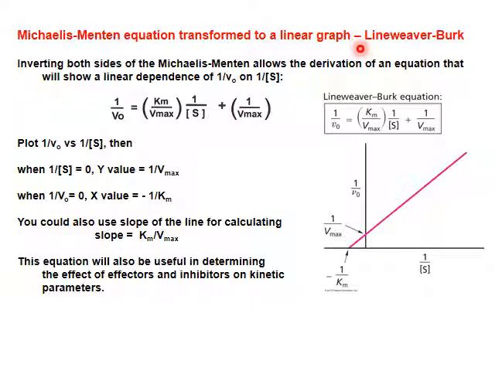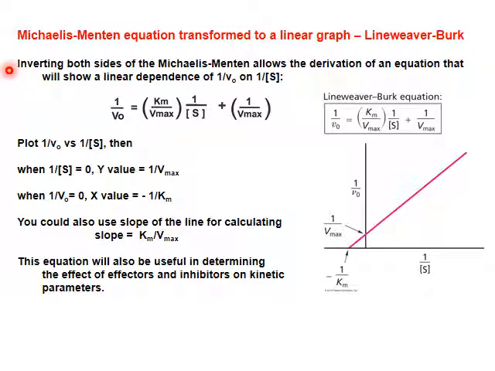Also, Kcat over Km will sometimes be referred to as V over K, because Vmax has Kcat in it, and so often we'll use the V over K value for that catalytic efficiency constant. So just keep that in mind if you start looking at some of the other literature out there, or watching some other videos.